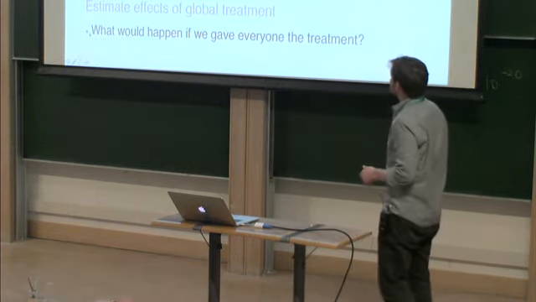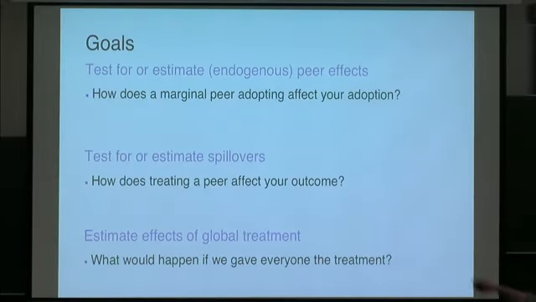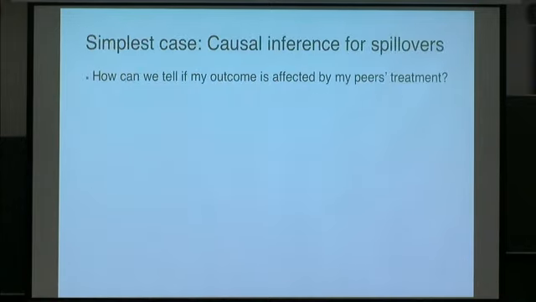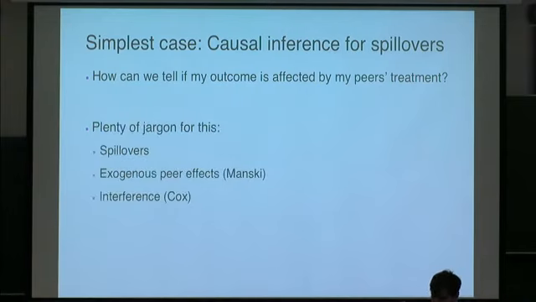Actually, what I'm going to focus on primarily is just the second goal, testing for or estimating spillovers in the network. I think this is actually the simplest case of those three things. So basically, how can we tell if the outcome of a particular vertex is affected by the treatment of their peers or network neighbors in some sense? There's plenty of jargon for this.